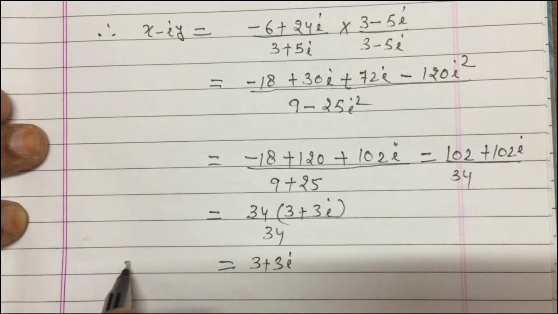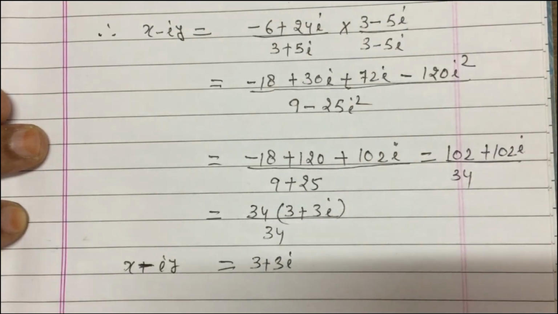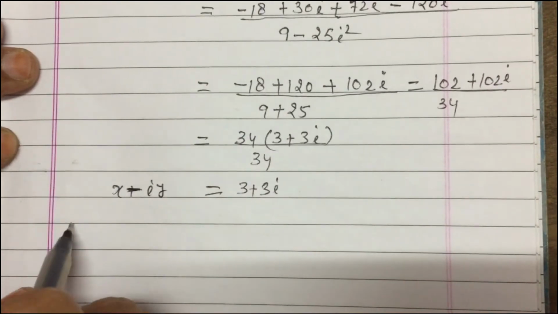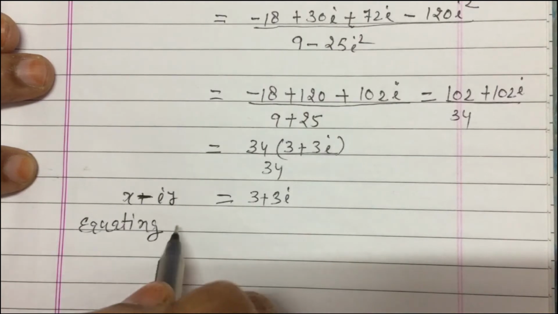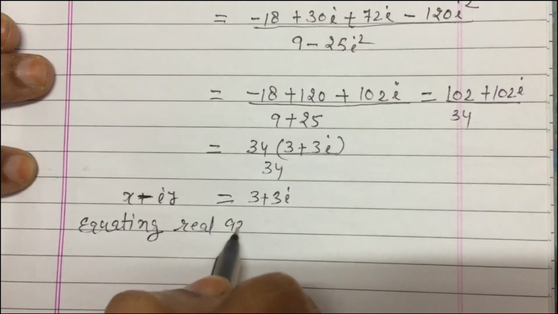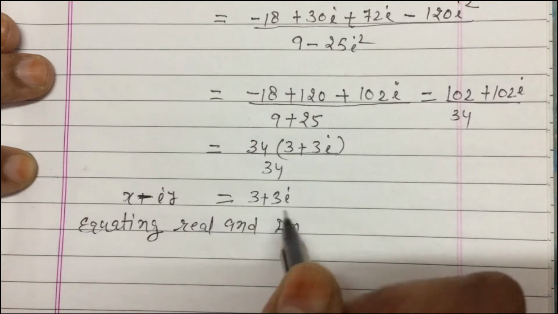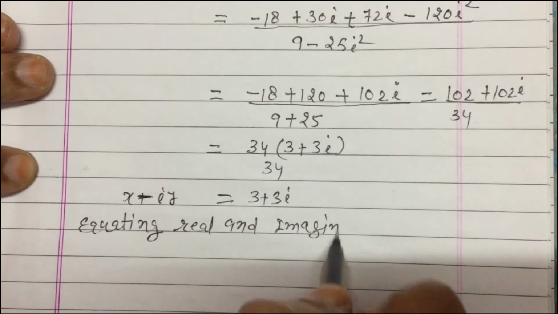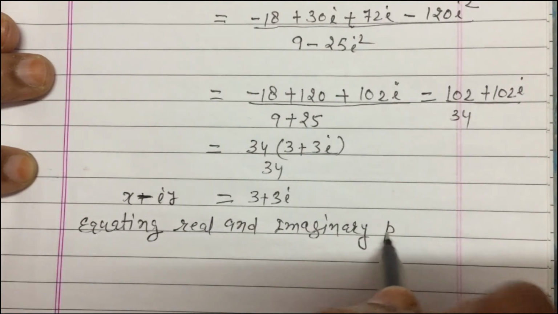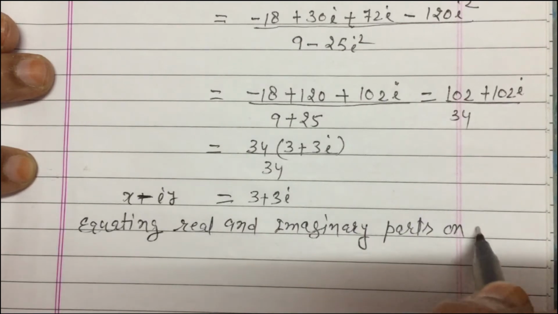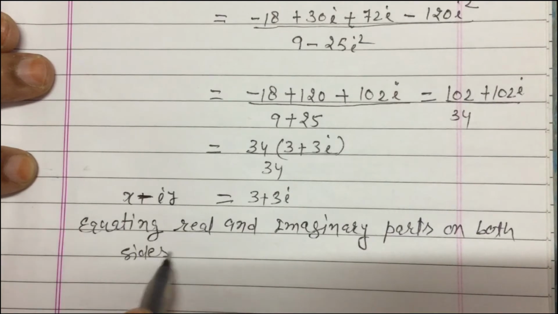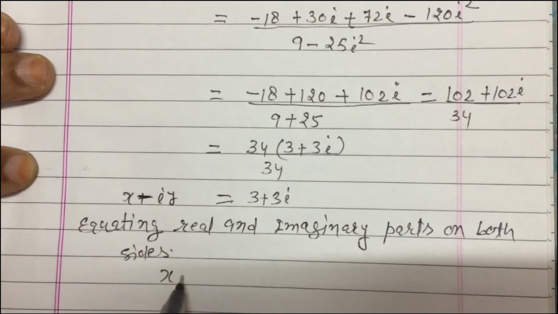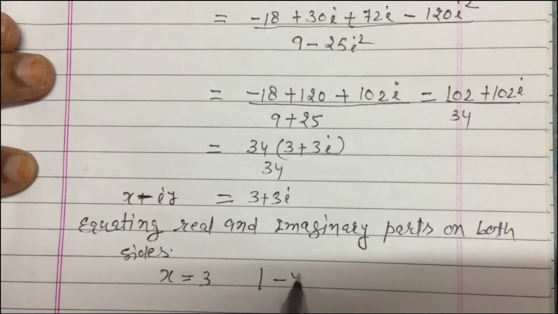And here it is x minus iy. Now equating real and imaginary parts on both sides, we will get x is equal to 3 and minus y is equal to 3.